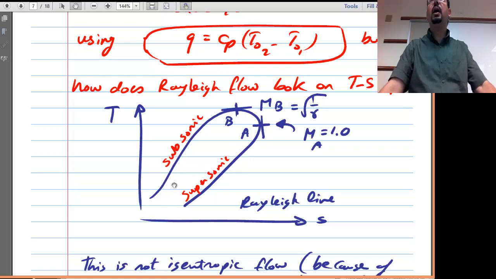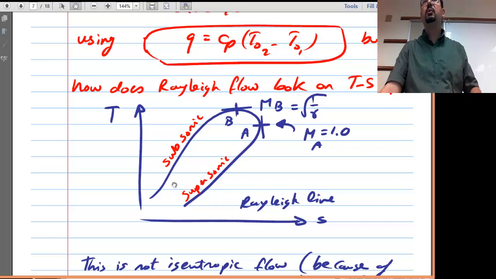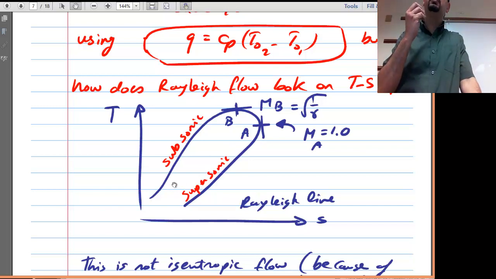And adding heat transfer to a duct without friction should increase or decrease the entropy? Adding heat transfer, adding Q, should increase the entropy, right? So this is heating. If I add Q, I will go this way.